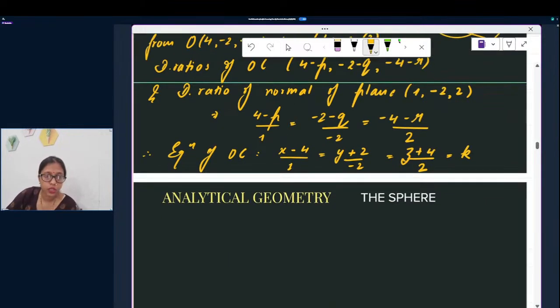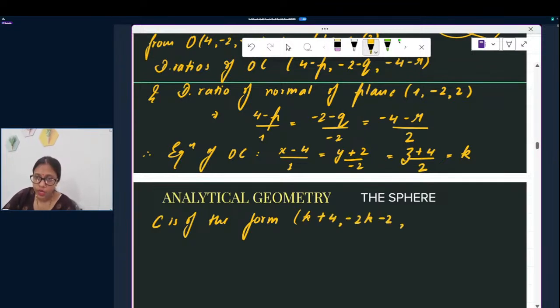So any point, or let's say C is of the form, because C is a point on OC, k plus 4, minus 2k minus 2, and 2k minus 4. This point is on the plane also.